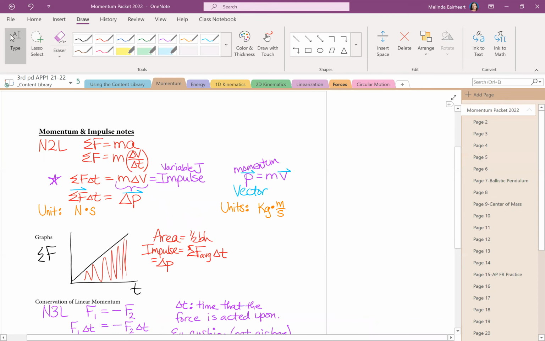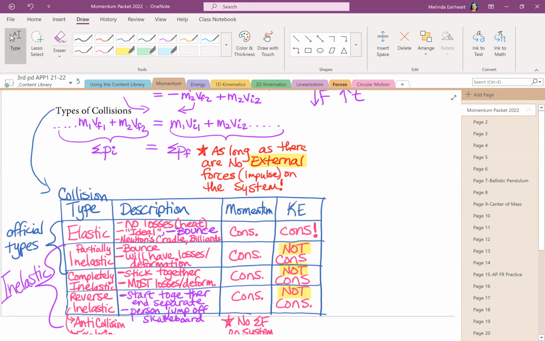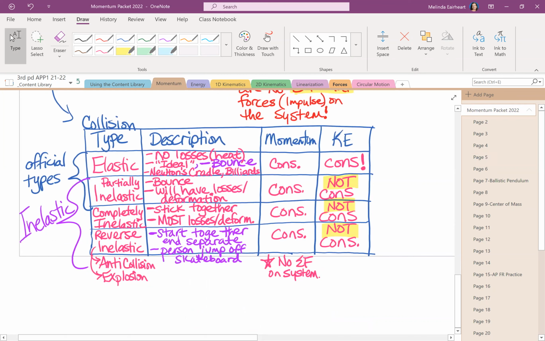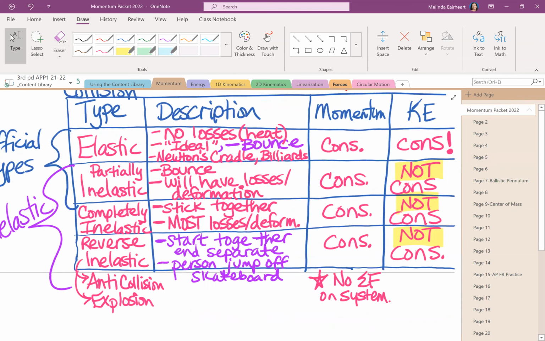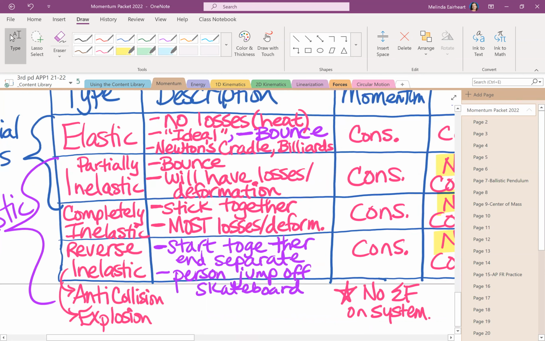Go back to our table maybe. When you hit a baseball, what kind of collision would that be considered? Which one? Partially inelastic would be that it did bounce off, but there was contact friction force more than likely. There was deformation. We talked about the ball smushing, right?